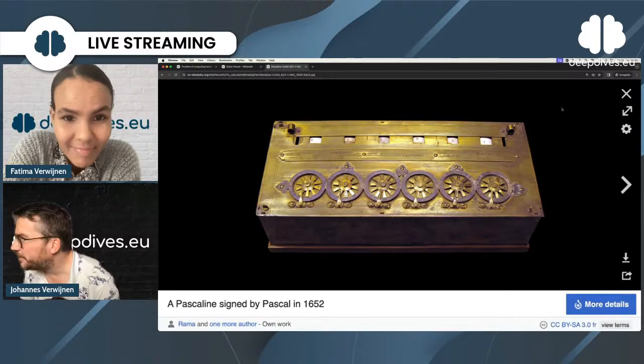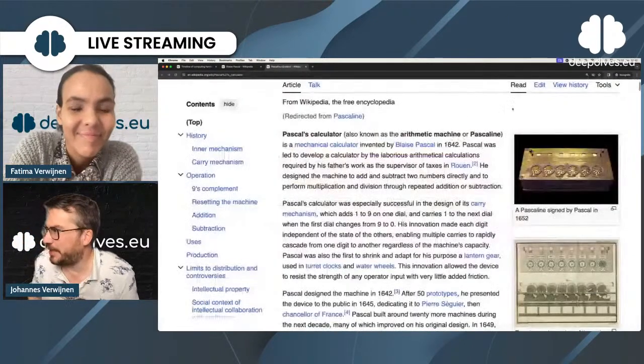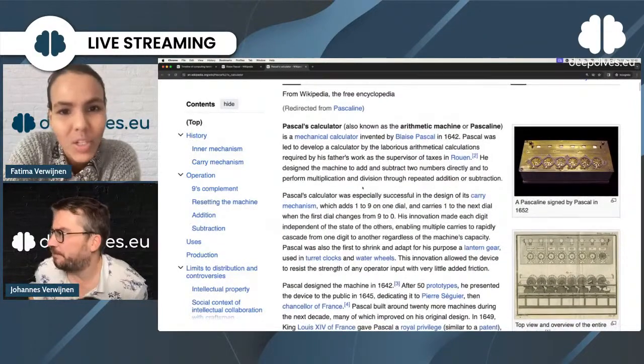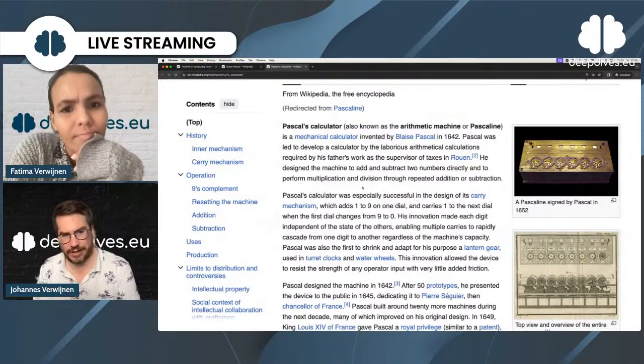Yeah, pretty cool. But that's what it looked like, and it's basically an addition machine. Yeah, addition machine. It couldn't do subtraction, but subtraction is just addition of a negative number. Right.